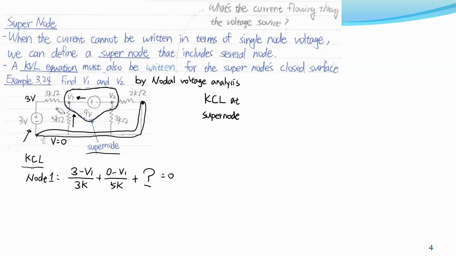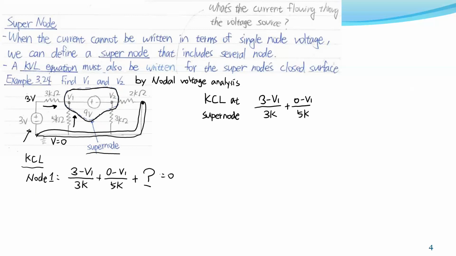So let me erase this. We need to redo it. Let me start from the current flowing from left to right: we have 3 minus V1 divided by 3K. We also have the current flowing from bottom to top through the 5K resistor, so plus 0 minus V1 divided by 5K.